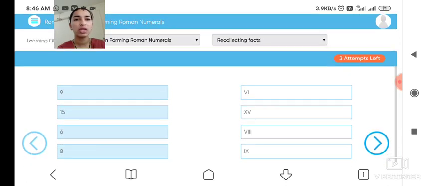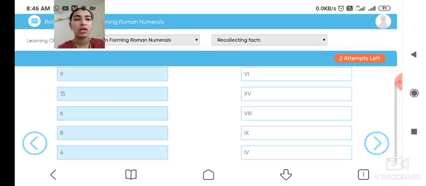The question is, we have to match the following. Out of these, which represents 9? This one, second, yes. Can you match the following? Pause the video, okay students, and try to write the digits in Roman numerals. Match these, and you have to write this in your rough notebook.